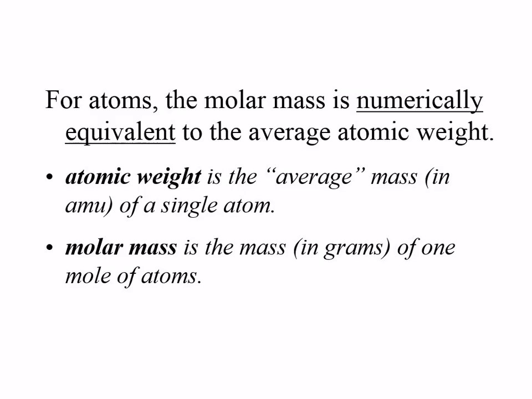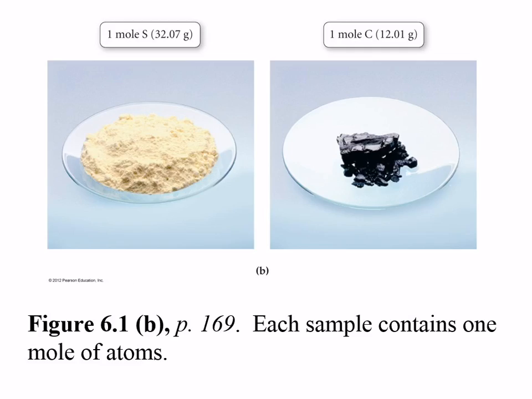So that decimal number serves double duty. Here we have sulfur and here we have carbon on watch glasses. Somebody has gone and weighed out 12.01 grams. Why? Because now they know they have a mole of carbon atoms. Sulfur is atomic number 16. It's got 16 protons.